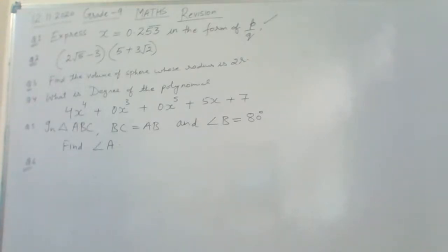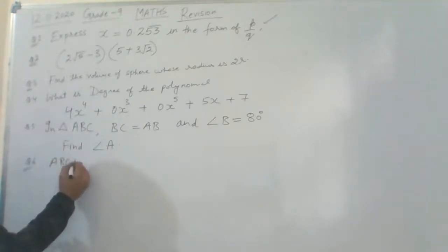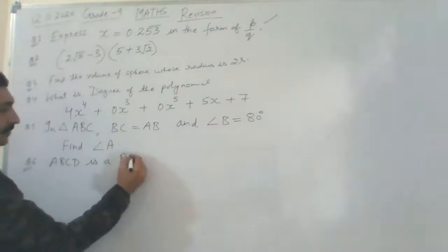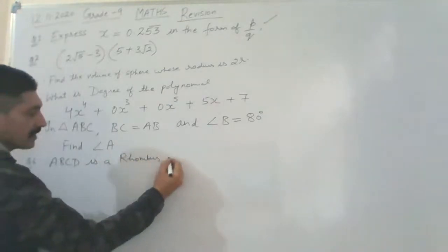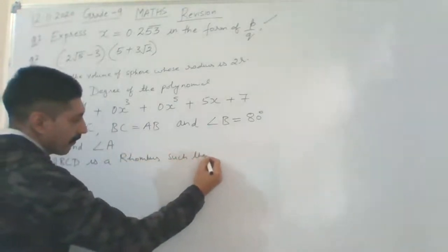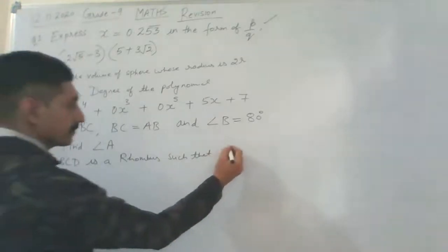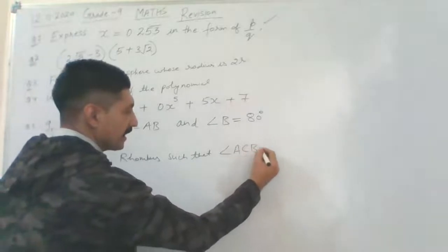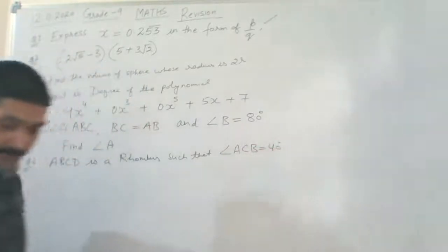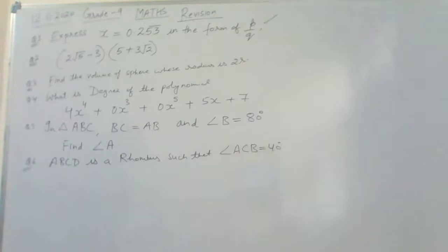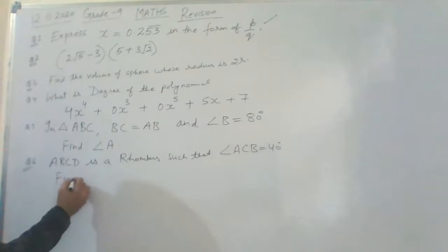ABCD is a rhombus such that angle ACB is equal to 40 degrees. Then find angle ADB. Find angle ADB.